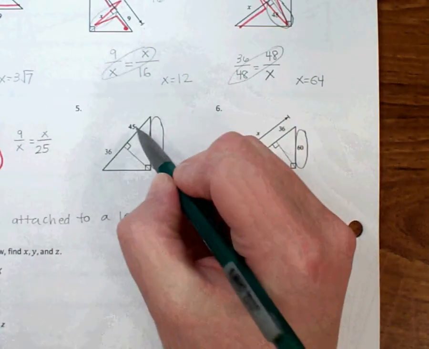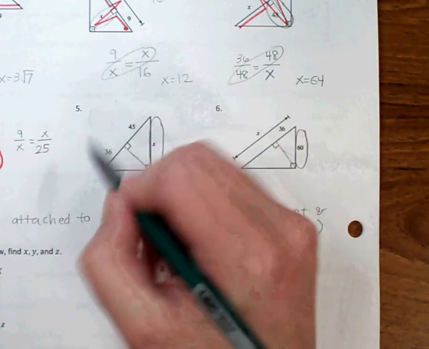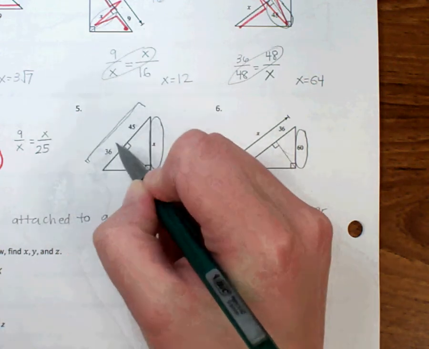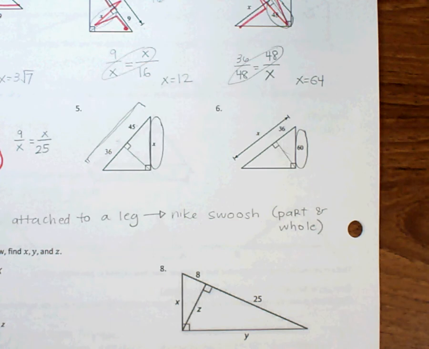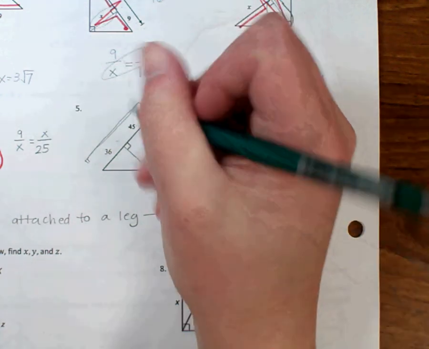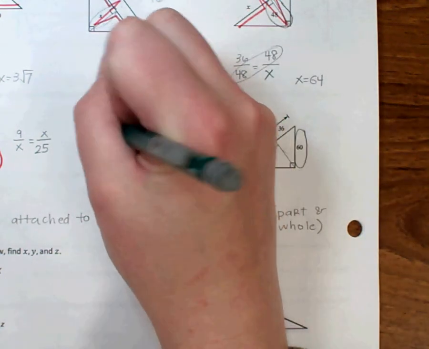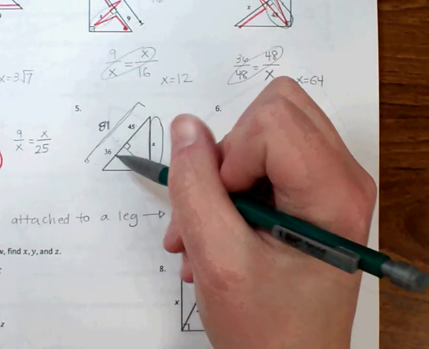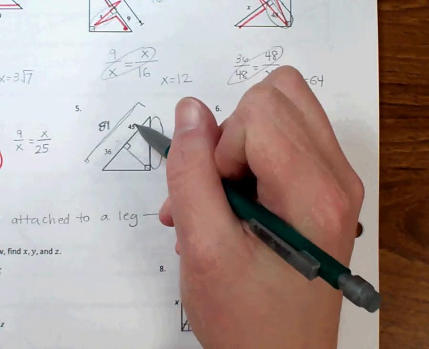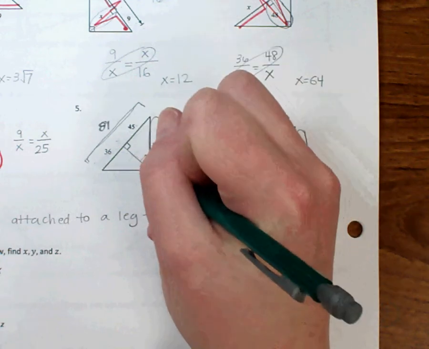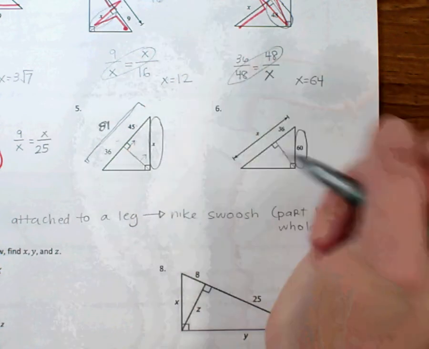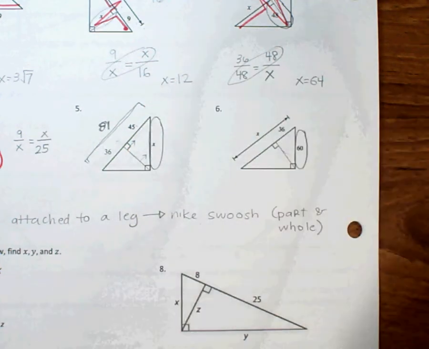Number 5 here, I have 2 parts, but remember with our Nike swoosh proportion, we need the whole length here. So 36 plus 45 is 81. Now I have 2 choices to start at, but since x is on this side of my altitude, I want to start on that side of my altitude.